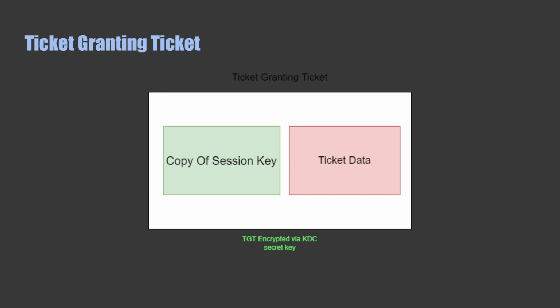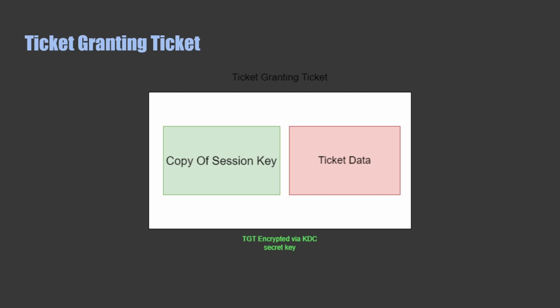So there's a copy of the session key that we've previously got from our AS-REQ request, and the TGT is encrypted via the KDC secret key. So all of this data is inaccessible to everyone other than the domain controller. No one else can decrypt it. I know I keep going over it, but I just want to reiterate that the TGT cannot be decrypted by anything but the domain controller, and it stores essential ticket data such as the user, whether the user's an admin, a domain admin, and what machines and services the user can access.